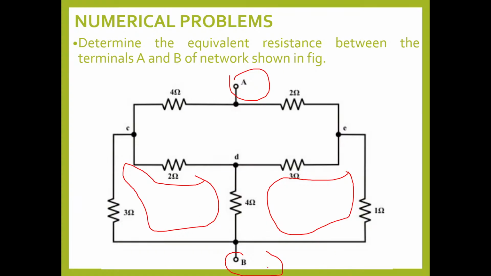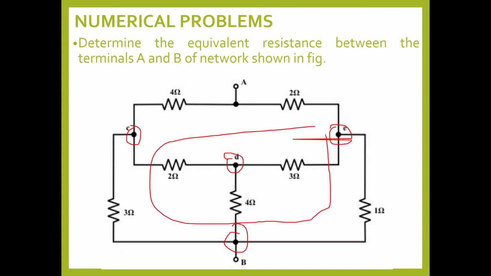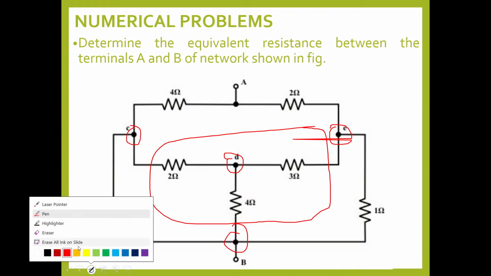So now here, this is one terminal, this is one terminal, this is one terminal, and this is one terminal. For me, these three resistors look as if they are connected in star. So I want to convert them into delta.